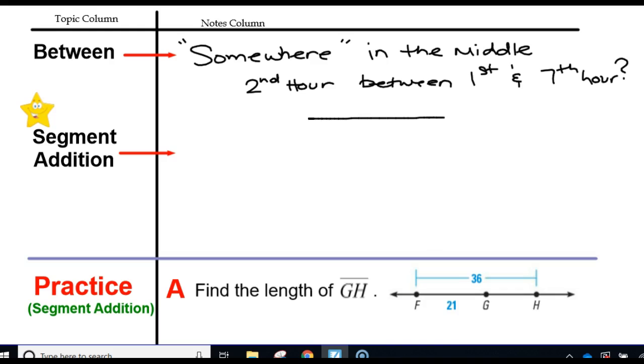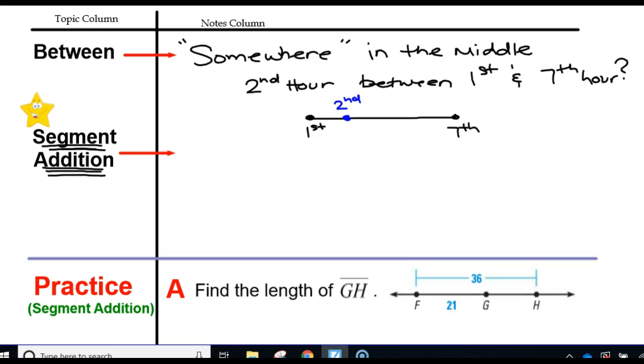If we have first hour and we have seventh hour, is second hour somewhere between there? Yeah, between.